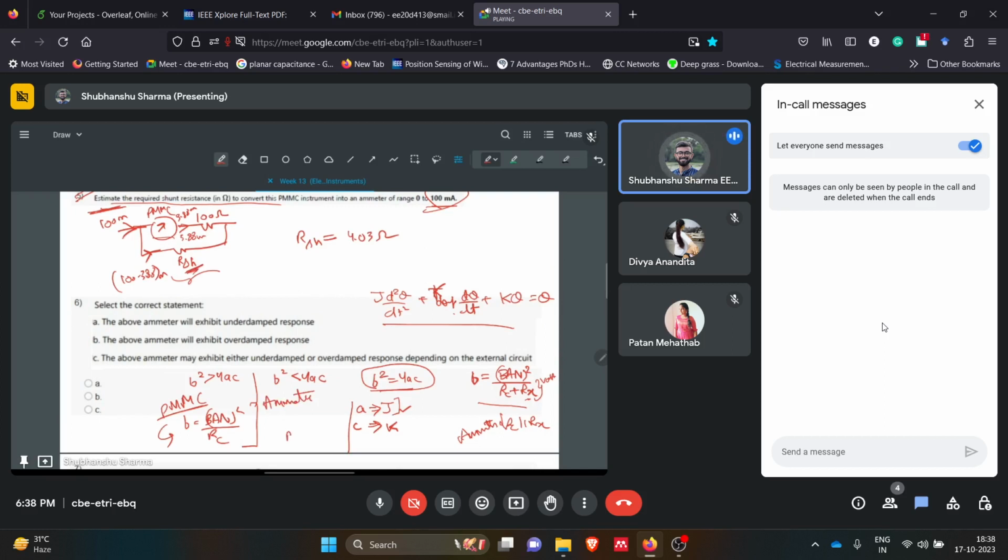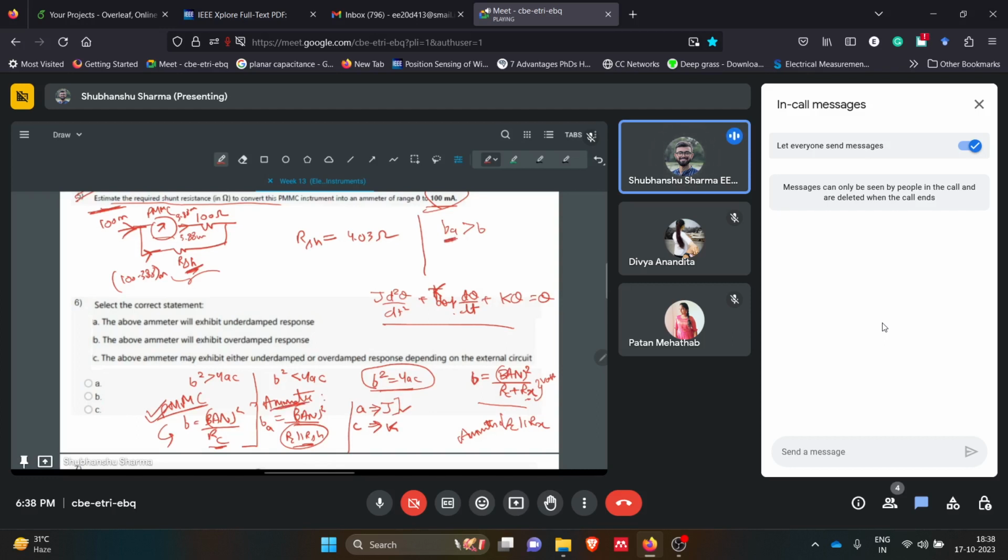So this will become RC parallel RSH. Let's say this is BA. It is very clear that the effective resistance will definitely be less than RC because this is now a parallel configuration. So BA will be greater than B. So if this PMMC instrument was initially in a critically damped condition without increasing its range, then if we make an ammeter out of it, we are increasing this BA.